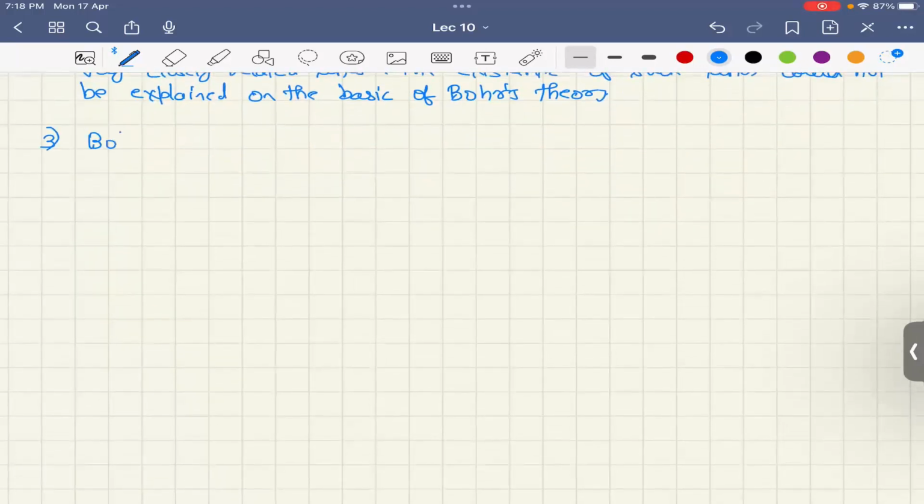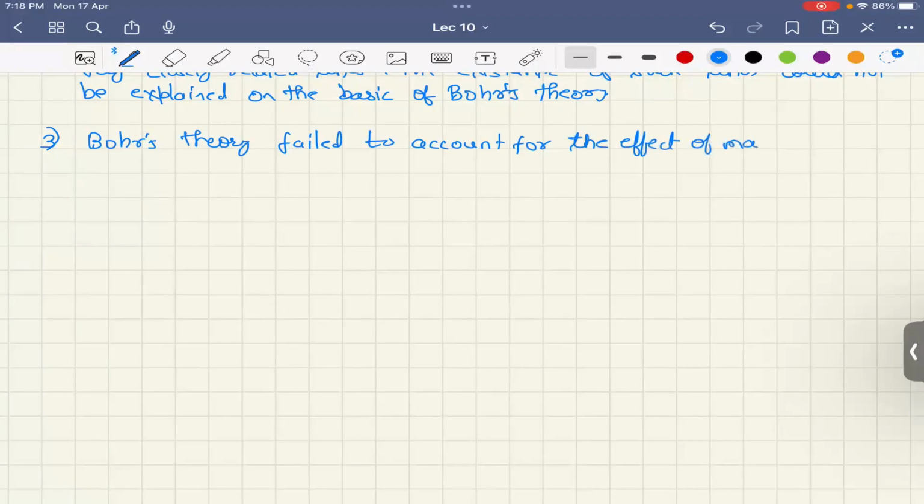So Bohr's theory failed to account for the effect of magnetic field on the spectra of atoms or ions, right?